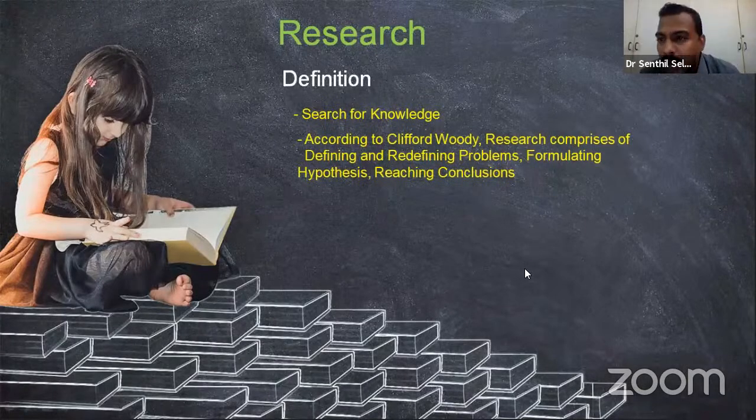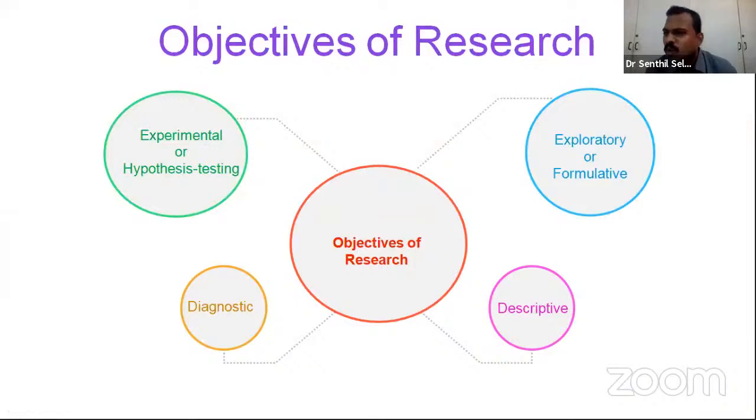Next one, the objectives of a research. For what are the things we will go for a research? It is categorized into 4 topics, or the 4 classifications. The first one is the exploratory or the formulative. The exploratory or formulative means if you don't know anything, you want to search a new thing.